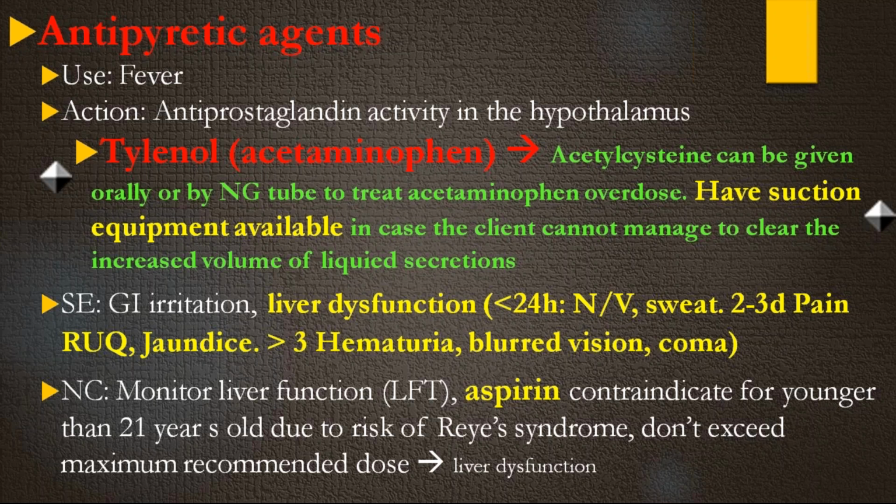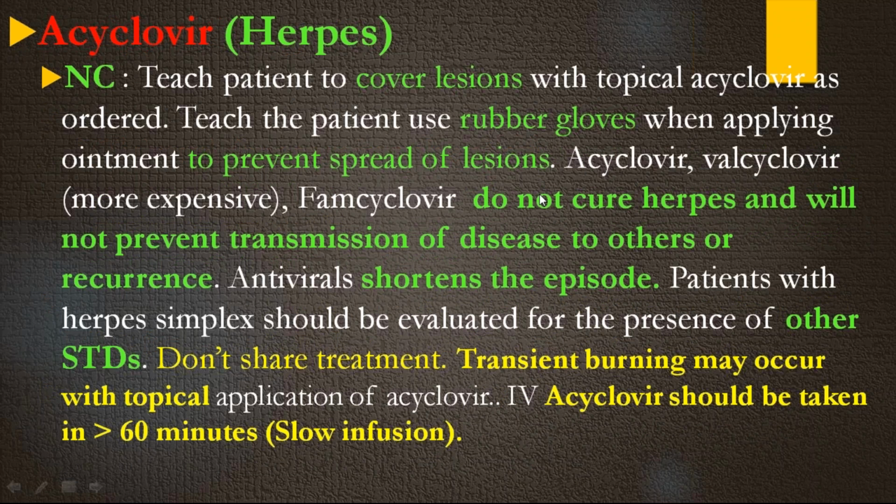So more than 3,000. And the antidote is going to be the acetylcysteine. Acetylcysteine is the antidote for the toxic levels of Tylenol. Okay, Tylenol. All right, so let's keep going.